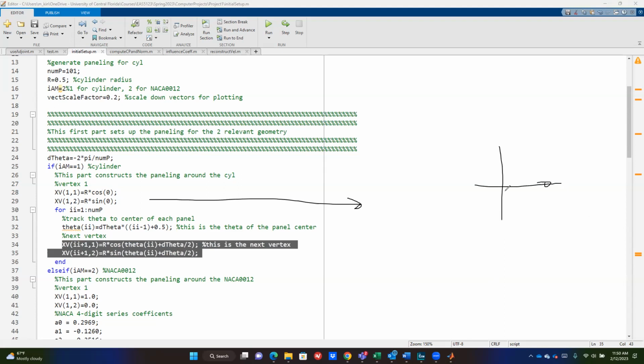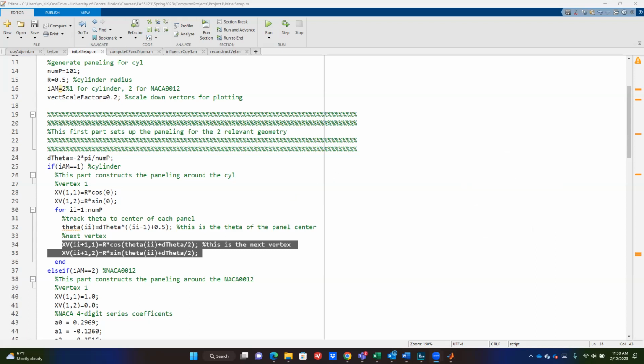Then we loop over and go d theta. This is the second one, and our panel is constructed there. Here's our third, and our next panel is constructed there. What these are doing is defining these points right here, not yet our control points. When you go through the whole process, you'll generate a circle, and each one of these is generated by d thetas. Okay, so that's our cylinder.